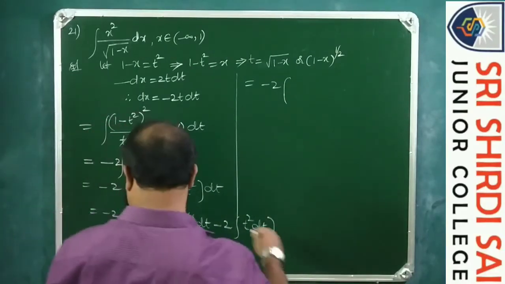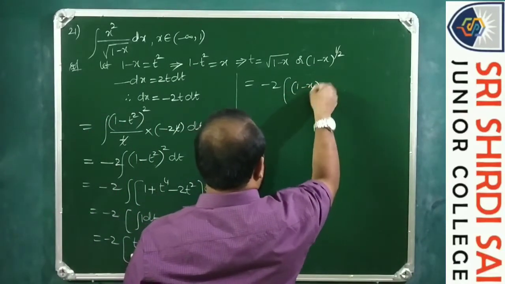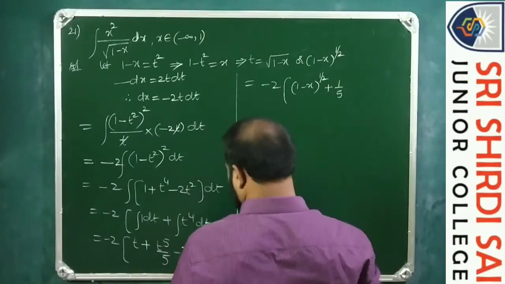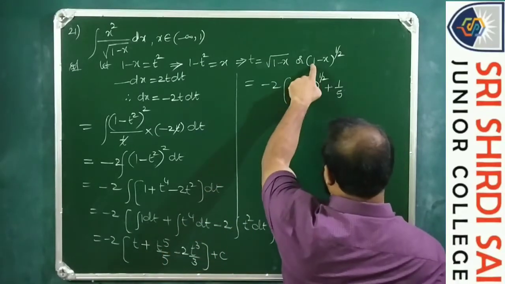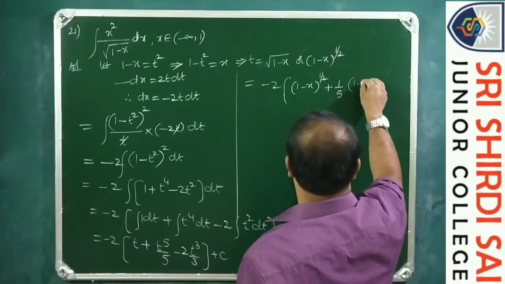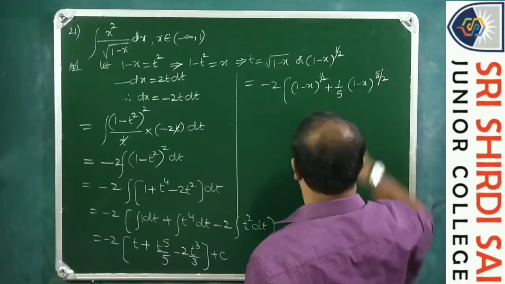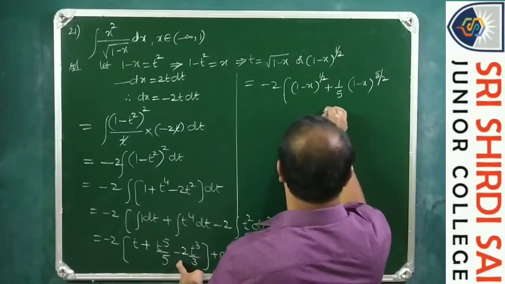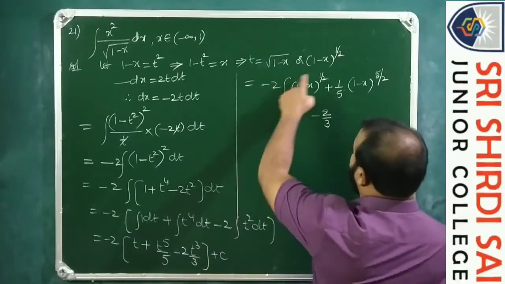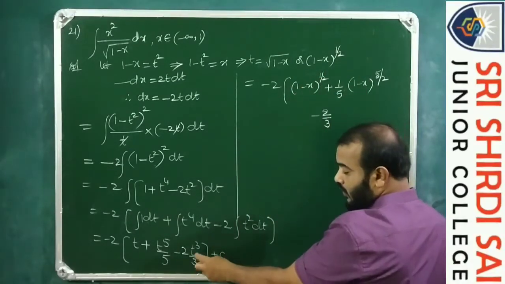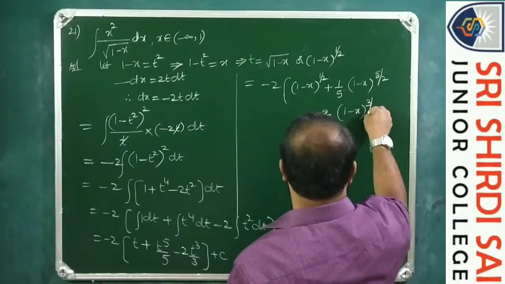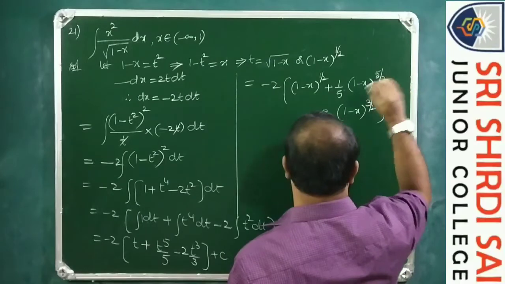So t value here is 1 minus x whole power 1 by 2, plus 1 by 5 into the value of t is 1 minus x whole power 1 by 2 whole power 5, so this is 1 minus x whole power 5 by 2, minus 2 by 3, t value is 1 minus x whole power 1 by 2 whole cube, 1 minus x whole power 3 by 2, plus constant of integration c.